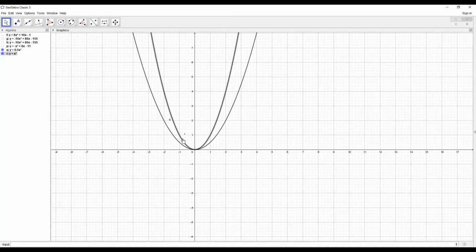So the r is right here, which goes with this curve, and the q here is going with the outer curve. So the smaller the a, the wider this, and vice versa. Okay, so there's of course a lot more detail to this, but just play around with it yourself and get familiar with it, and that's it for this video.